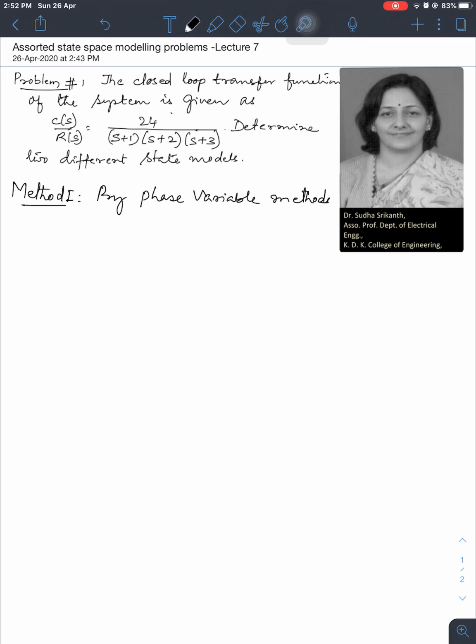How to do this? The given transfer function, we will expand the denominator.